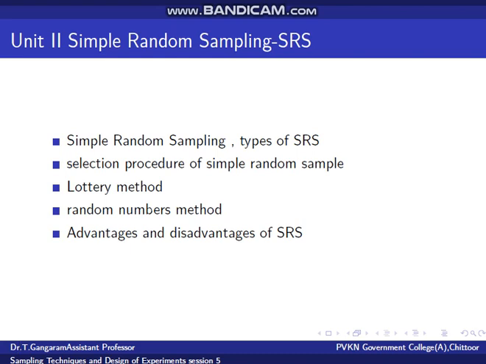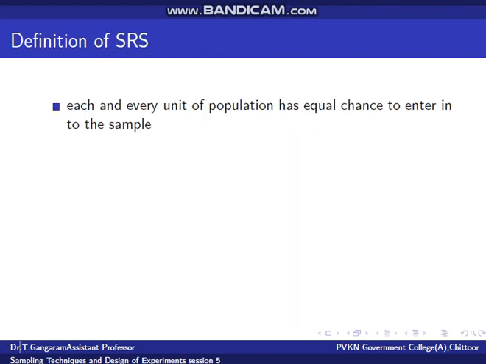Now, if the units in the population are homogeneous in nature, this method is used, simple random sampling method. The definition of simple random sampling is: if each and every unit of the population has equal chance to enter into the sample, then that type of sampling technique is called simple random sampling.